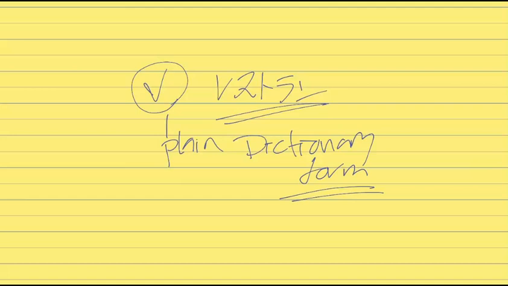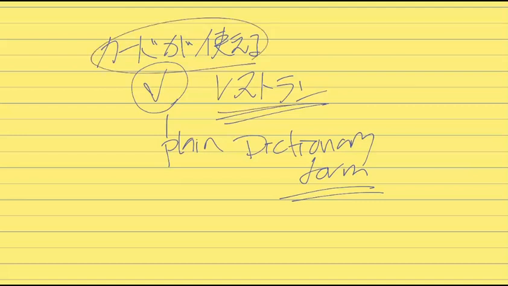You can also use, let's say 使える or 使うことができる. You can use. So let's just say カードが使えるレストラン. The restaurant where you can use cards, as in credit card.